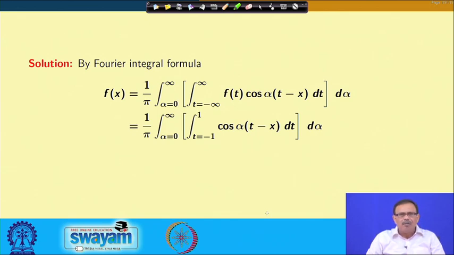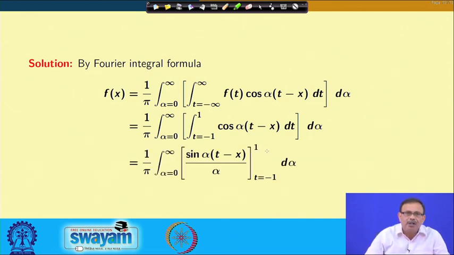So, I am writing 1/π ∫ for alpha from 0 to infinity, ∫ for t from minus 1 to 1 of cos(α(t − x)) dt dα. Once I have done this, I can easily obtain the value of the inner integral, which is nothing but sin(α(t − x))/α.